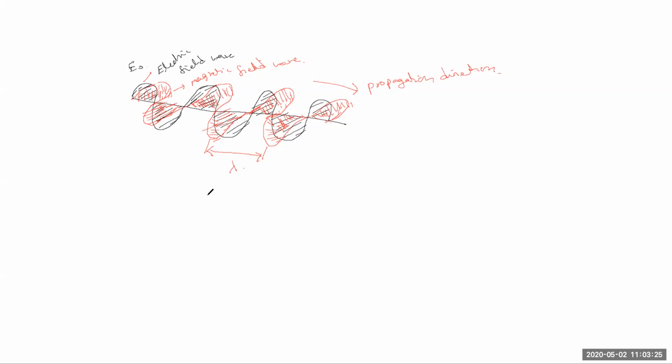Now we are going to take the characteristic properties of the wave.